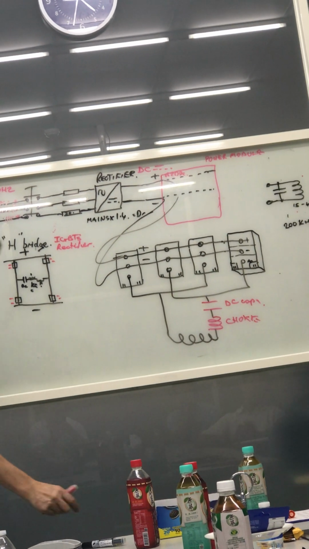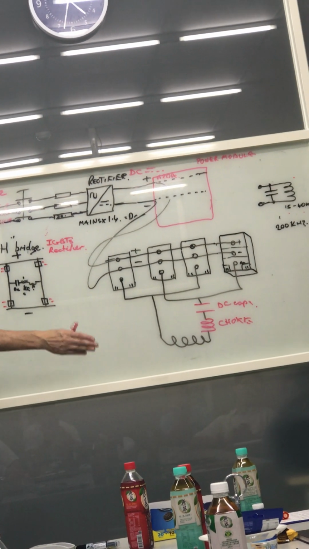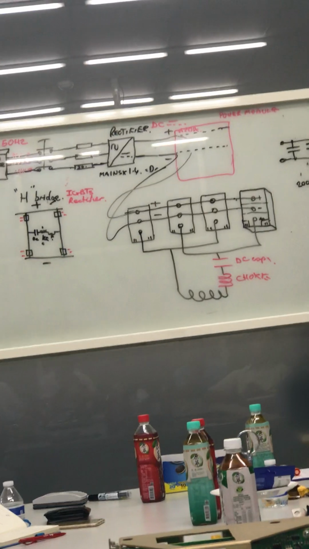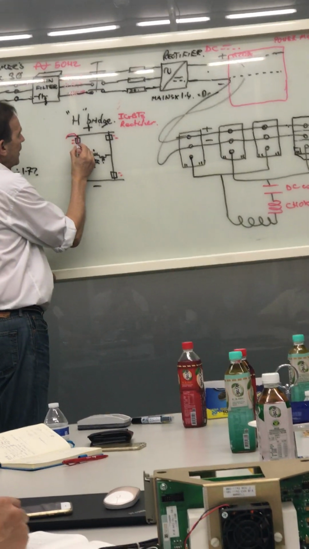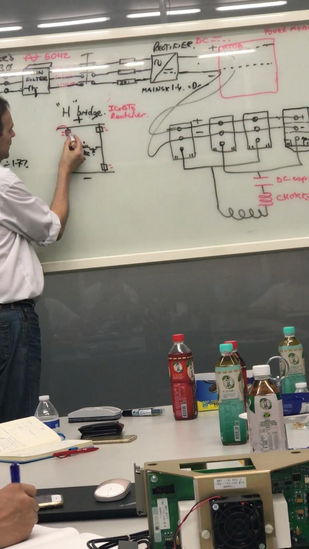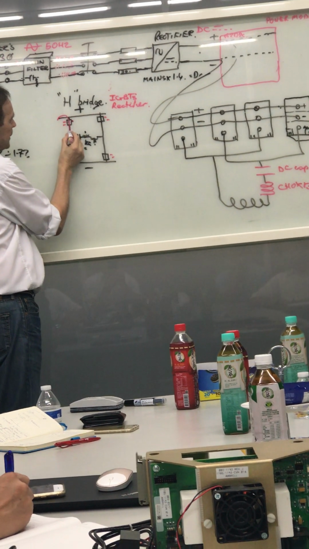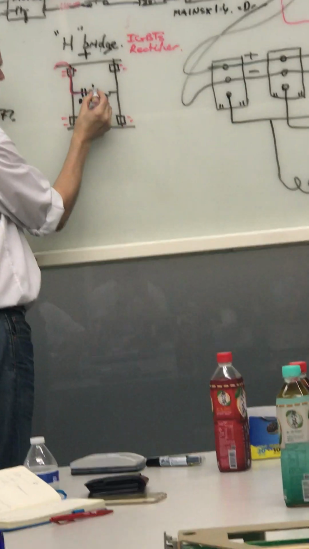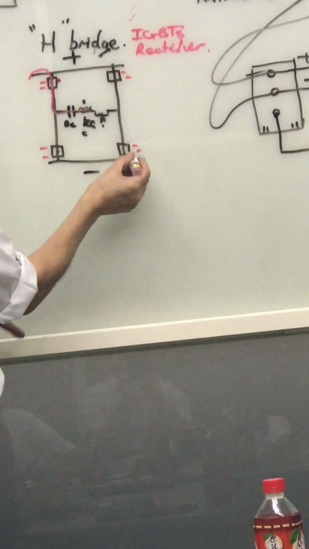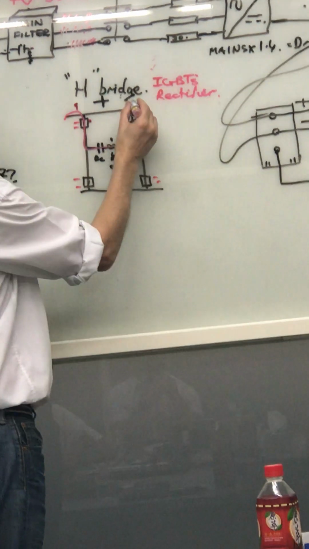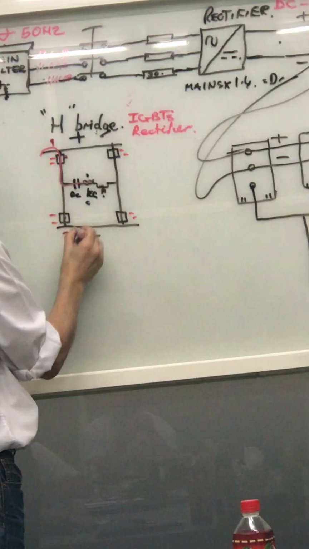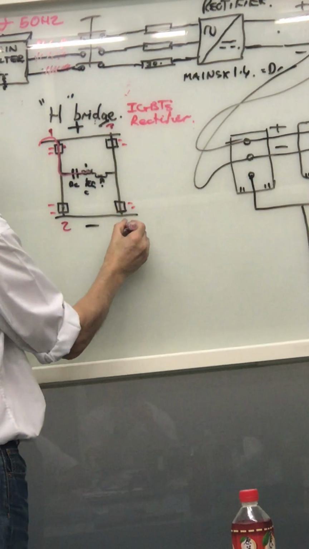Right, so that's the basic circuit. What happens is that when it fires asymmetrically, that switch is open, this closes. And that closes at the same time. That one and that one close at the same time. So it's 1, 2, 3, 4.